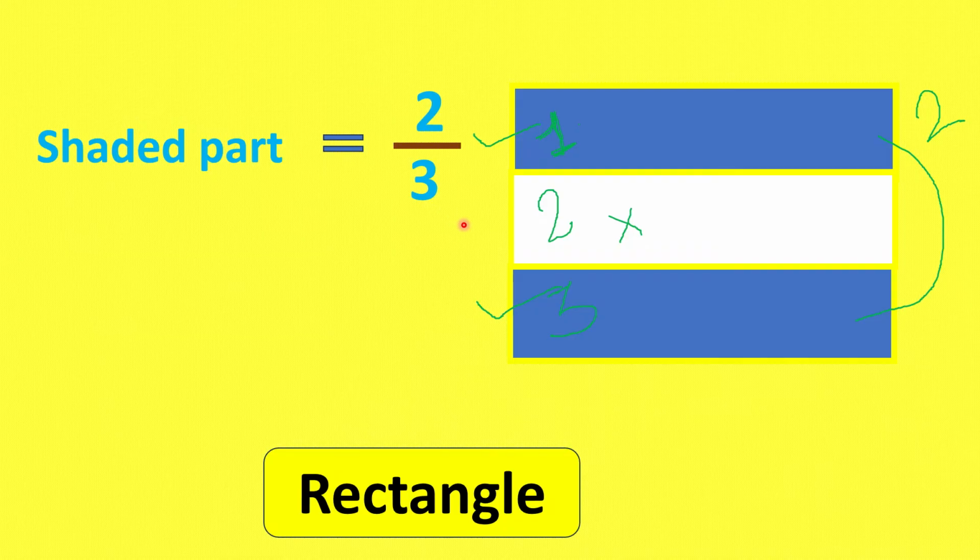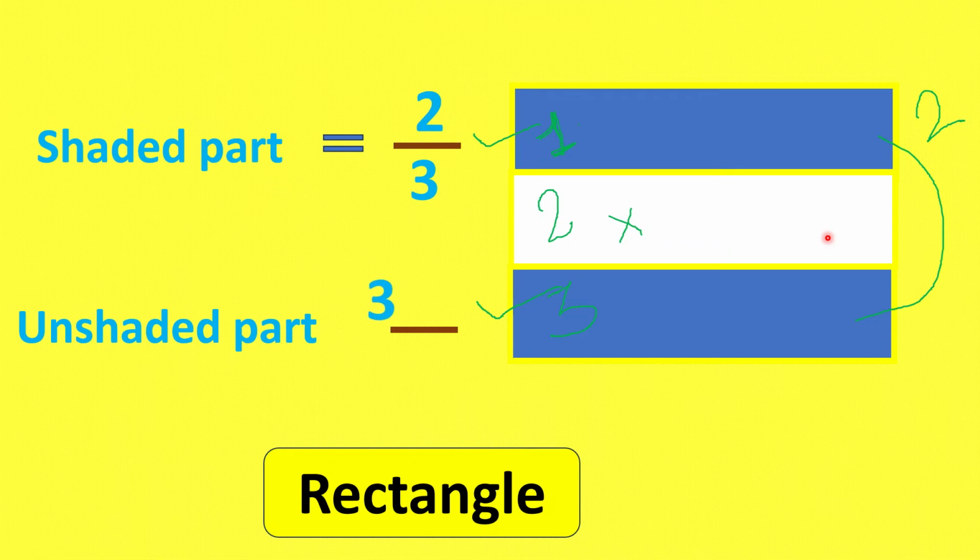Again, look at here. The next question is about the unshaded part. How many parts are unshaded? As you know, just a single part is unshaded, which is not colored here. So again, we use a slippy line, and under that we write a third, which represents the parts of the rectangle. It's three parts, and the unshaded part is just one.